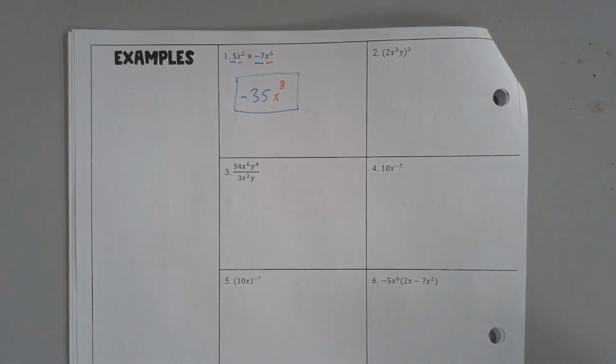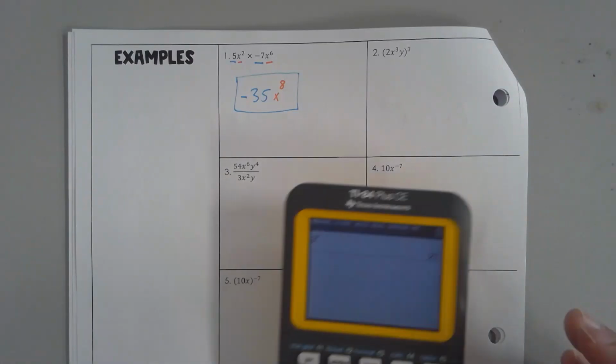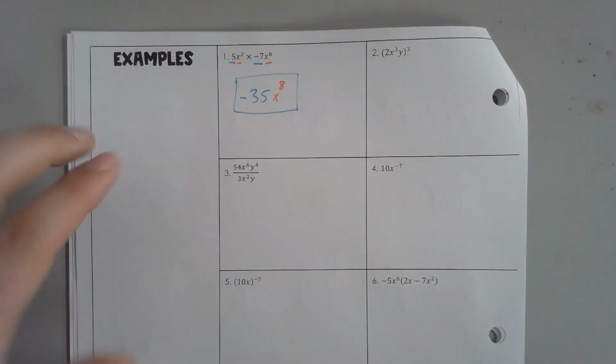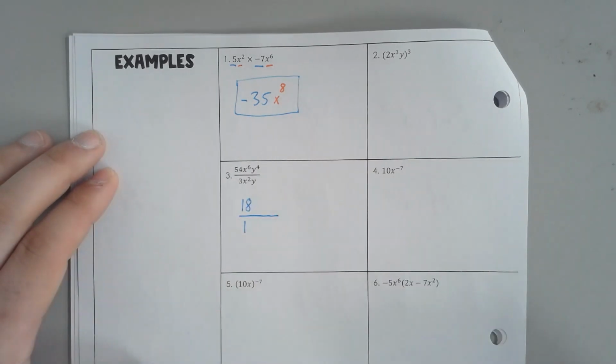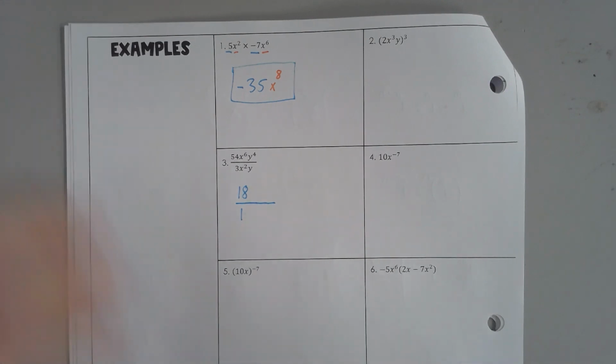Number 3, we're going to be using the which property? What's it look like? The which one? Division? Yep, we're going to be using the division property. So, let's see, what is 54 divided by 3? 18. So we're going to have 18 over 1. And the division property, what do we do with our exponents?